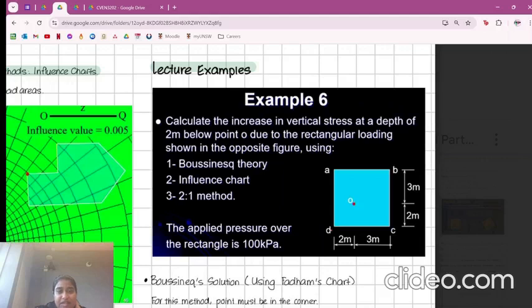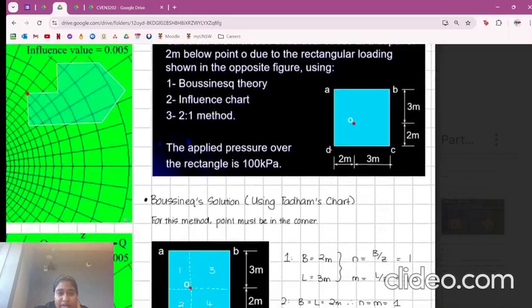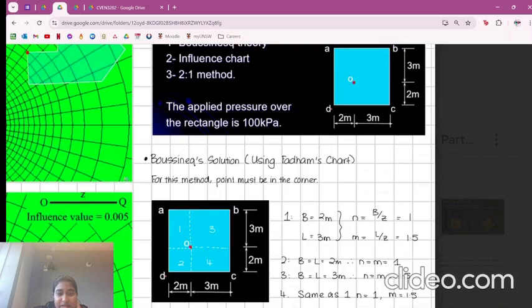It's asking you to calculate the change in the vertical stress at a depth of 2 meters below the point, which is O, due to the rectangular loading shown in the opposite figure. So they've taken this diagram, and according to the origin point, they've split it into 4 sections. So this is using Bussinesq's method.